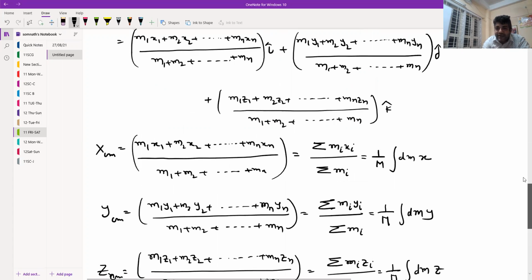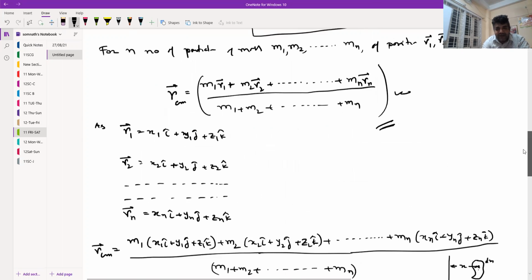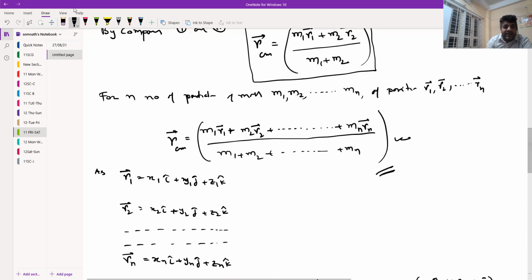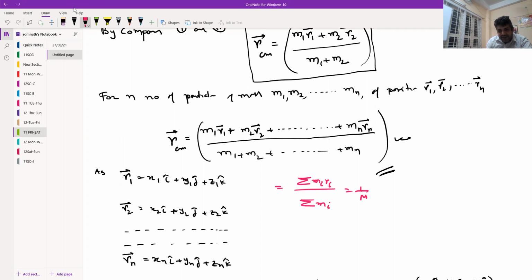But if you want to write them overall, although it's very rare, you don't need this, but still, if you want to write, summation mi ri by summation mi, that is 1 by m integration of dm r. Sometimes maybe you require this, so it's better I write the formula.